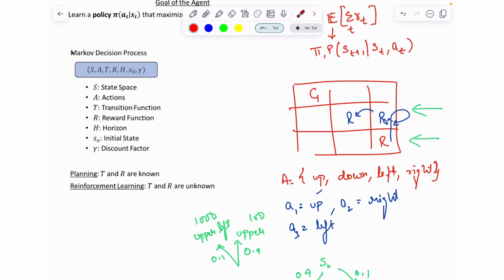We will come to transition function and reward function now, and a transition function gives you a probability: what is the probability of next state given that you are at a particular state ST and you took a particular action AT, right?